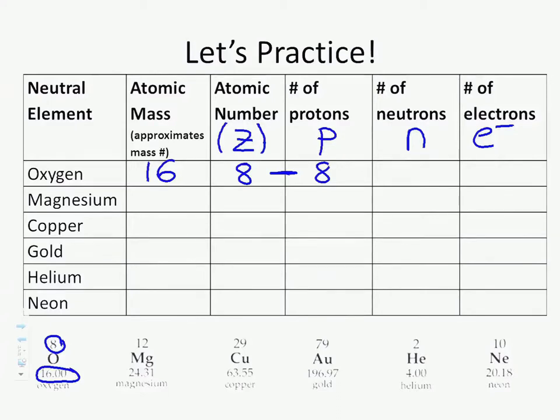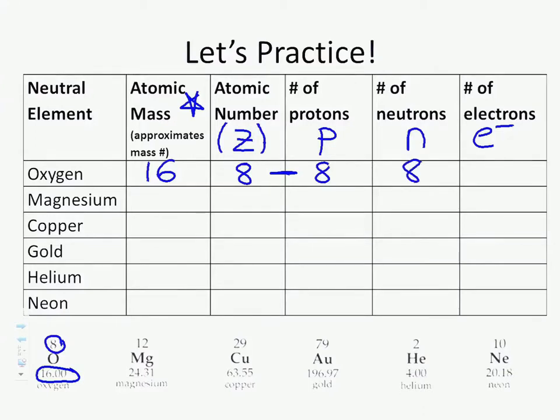Okay? Remember what we said before about the atomic mass? The atomic mass comes from which 2 subatomic particles? Protons and neutrons. So if our mass is 16 and we have 8 protons, how many neutrons do we have? 16 minus 8 equals 8. Okay?